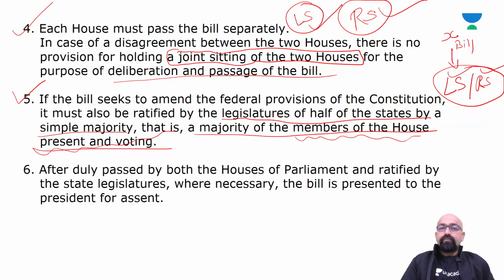Then, in another condition, in case of amendment of the federal provisions, along with these houses, it should be ratified by the state legislatures of half of the states by a simple majority, and a majority of the members of the houses present and voting in Lok Sabha and Rajya Sabha.